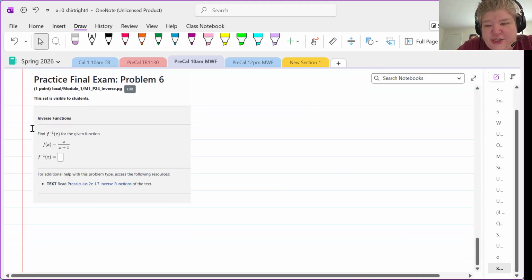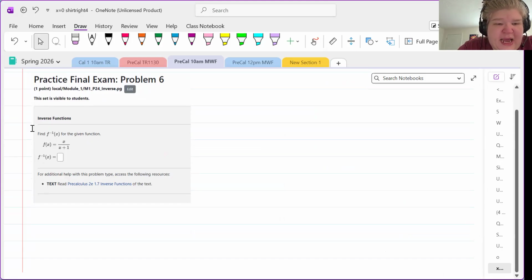This is a rational function that we're being asked to find the inverse. Now, the inverse was do the whole swap x and y and then solve for y. Now, when we solve for y, the other side of the equation can't have a y on it. So it's not just about getting a y by itself, but it has to be no other y's.